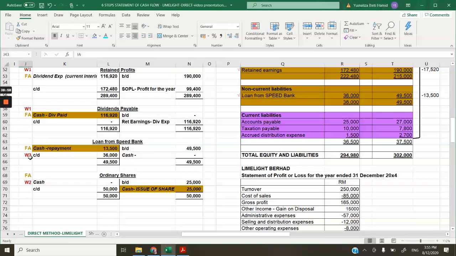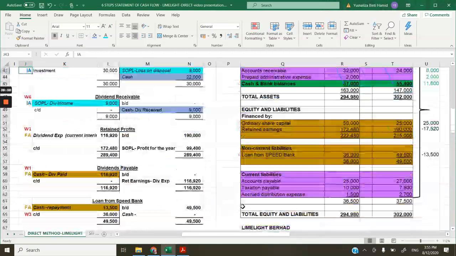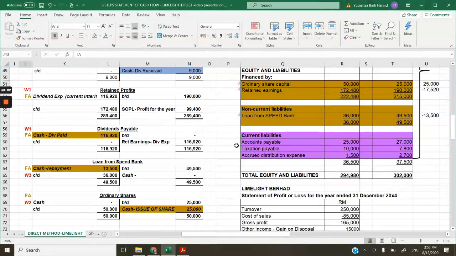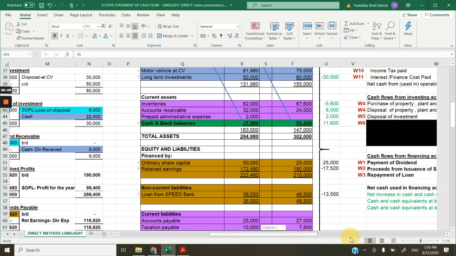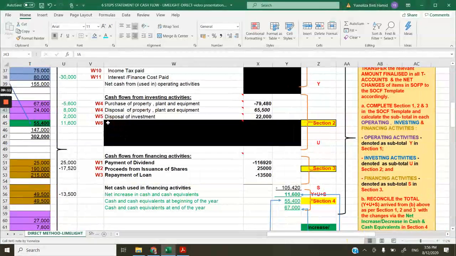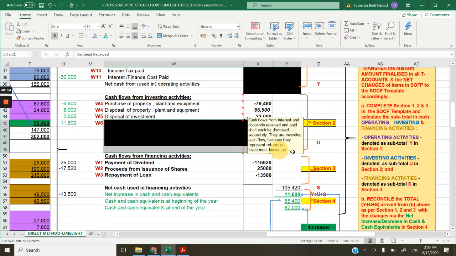So go and number all your workings, like what I have done. After you have done that, you can perform your check here. So we have performed the check, it's already done, and now this is the information that you are looking for.